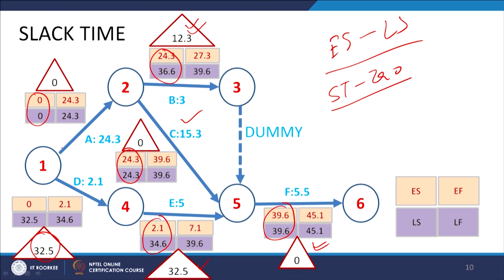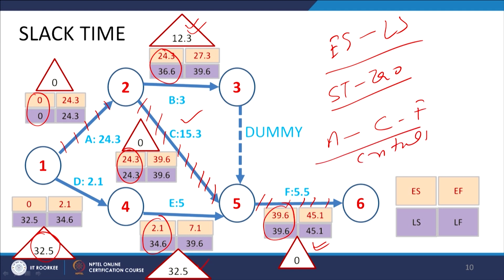In that case they become critical activities: activity A, activity C having 0 slack time, and activity F. So, the path of A, C and F becomes the critical path.